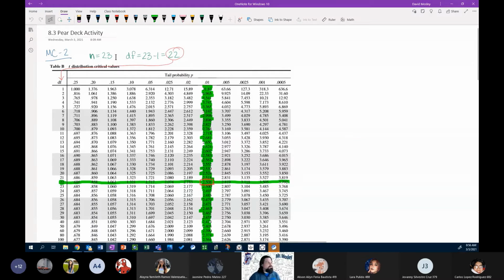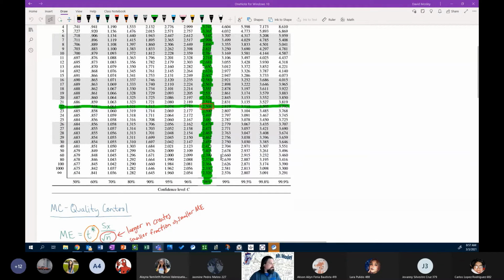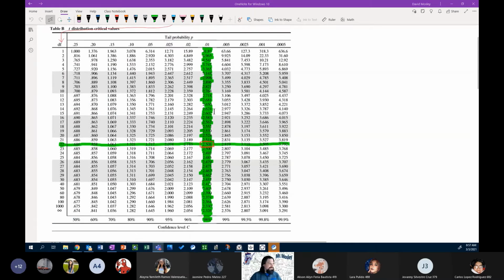That was our sample size. So that means our degrees of freedom that we then find on table B is 22, one less than the sample size. Then we go to 22 on table B, and we're at a 98% confidence. The intersection of those two, the row and column, is 2.508. That is our critical value.